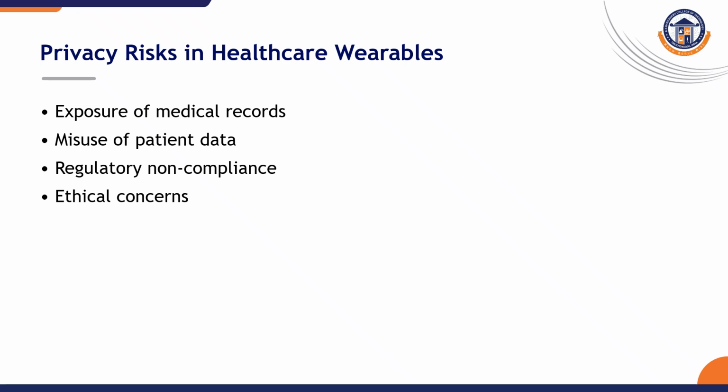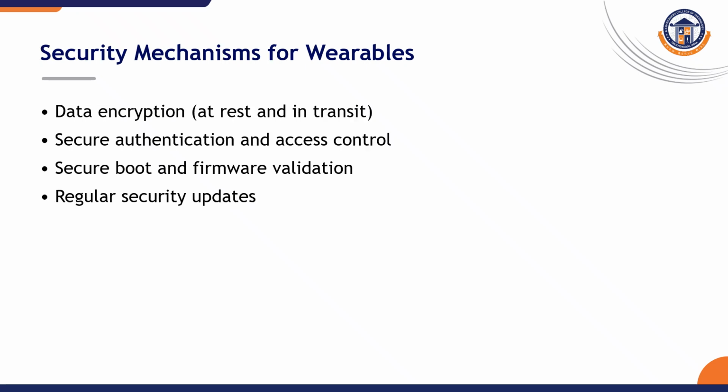Medical records can be exposed to anyone, and patient data can be misused by someone. Regulations may be incompatible with the manufacturers, and ethical issues are some of the privacy risks in healthcare wearables.